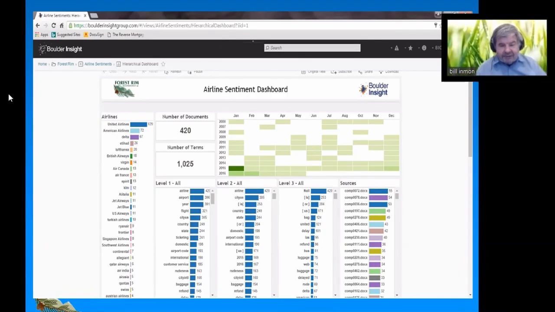In addition, we took a look at the airlines that were mentioned. The number one airline that we were able to get comments about was United Airlines and then American Airlines. And given that nearly every one of the comments that we saw was negative, this is a good way to rank the airlines of the world.